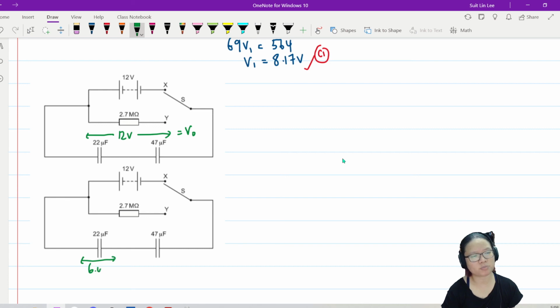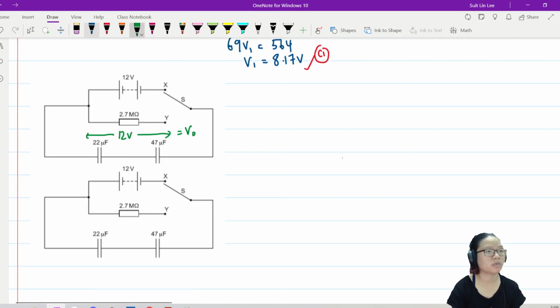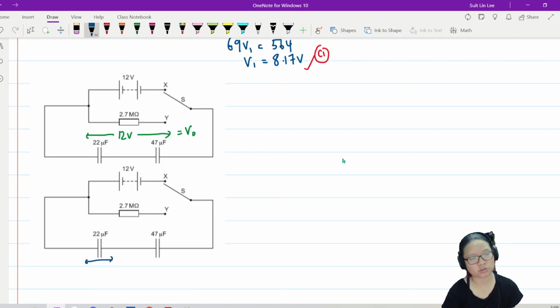Okay, and now, if this is 6.0 volt, I'm going to change color. If this is 6.0 volt, it's what the question is telling us. I want to know what is the entire potential difference here, V. And then I substitute into the equation and find the final potential difference across both capacitors.